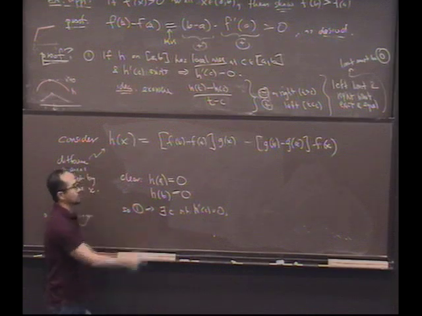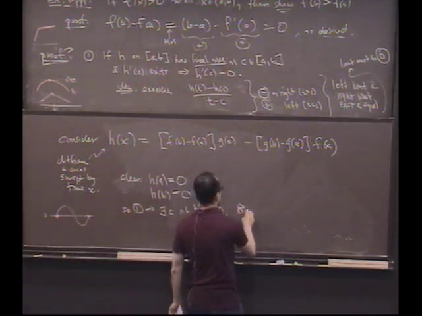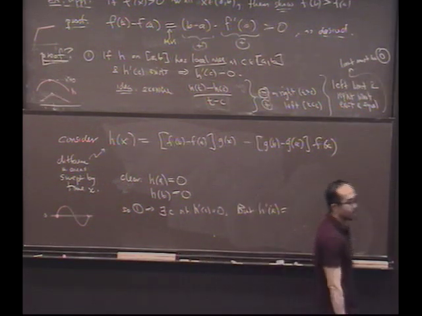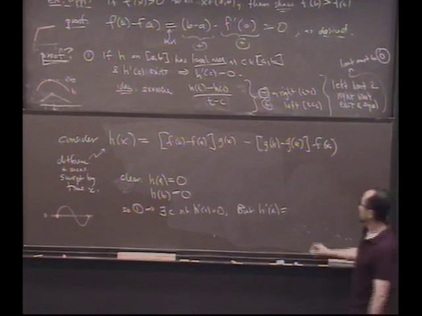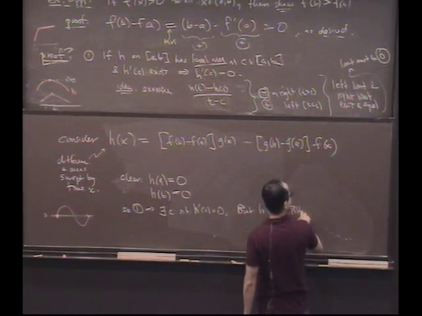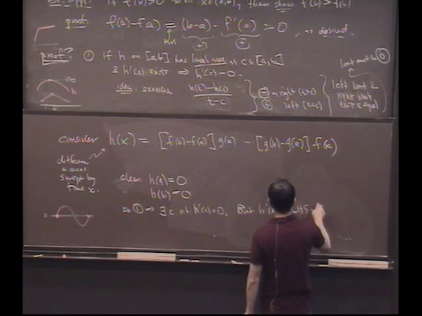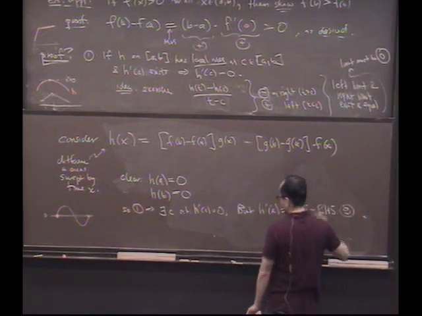Okay, but guess what's true about h prime? What is h prime if you calculate it? h prime of x equals, take a wild guess, the difference between the right-hand side and the left-hand side. It's the left-hand side minus the right-hand side of Cyclops Smiley.